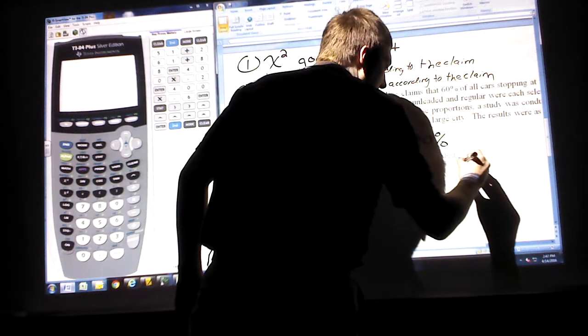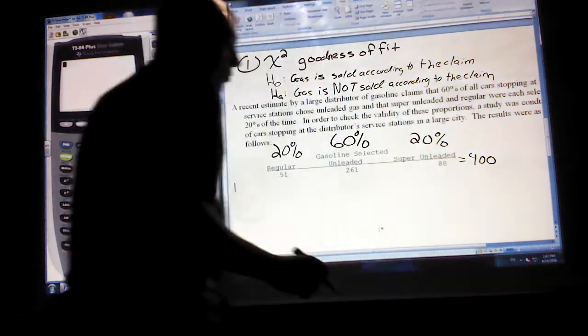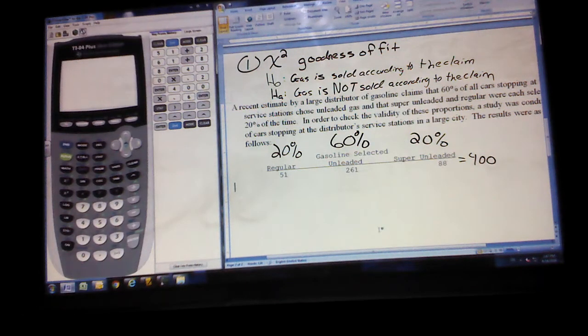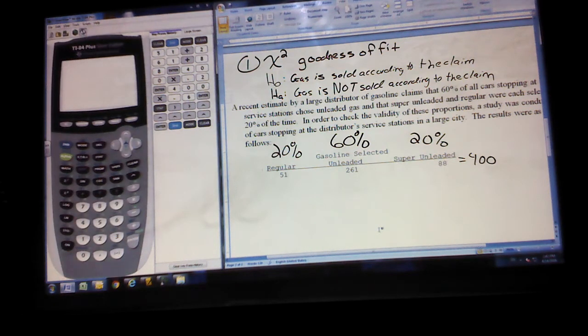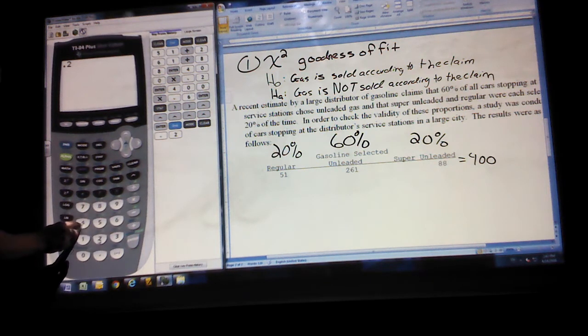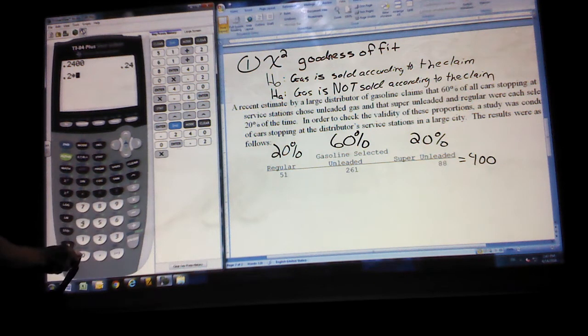So first thing is we find the total. Some goodness of fit tests say that each category is the same, so you would take 400 and divide by 3. Or they say that there's a certain percentage in each. In this case, we have to find 20% of 400. You take 0.2 times 400, and that gives us 80.